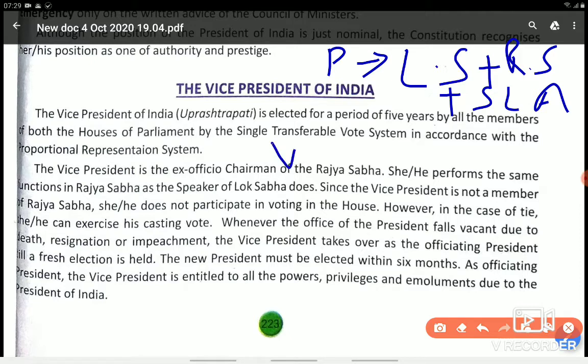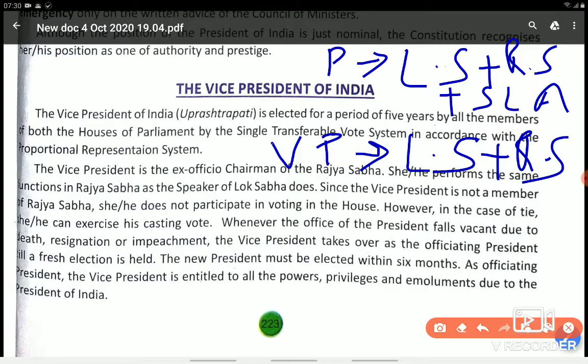But in the case of the vice president, only the elected members of Lok Sabha and Rajya Sabha participate in the election process. This is one of the differences between president and vice president.